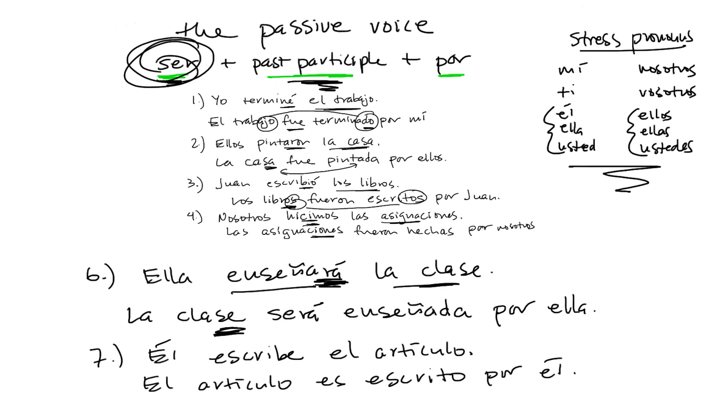Of course, your composition professors will tell you to use the passive voice sparingly. Your writing will have more power if you use the active voice and avoid the passive. Okay, there you have it. The true passive voice with introducing an agent in Spanish.